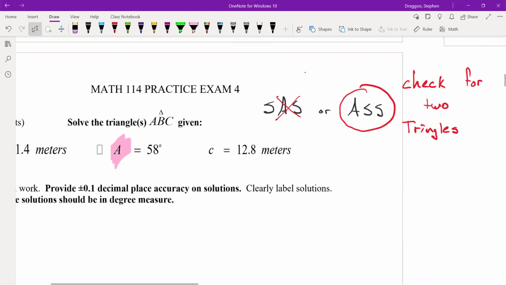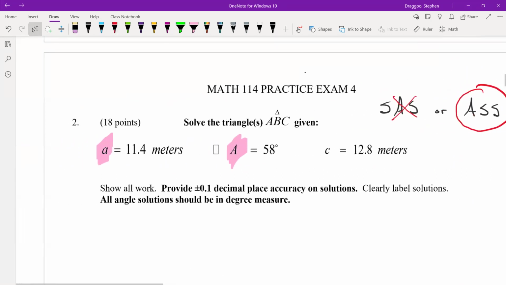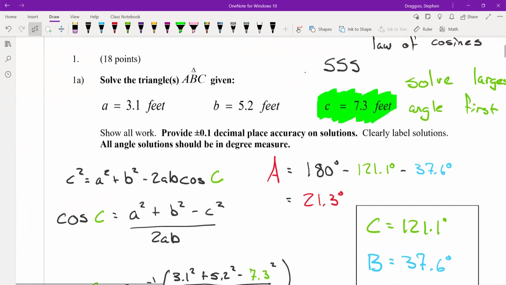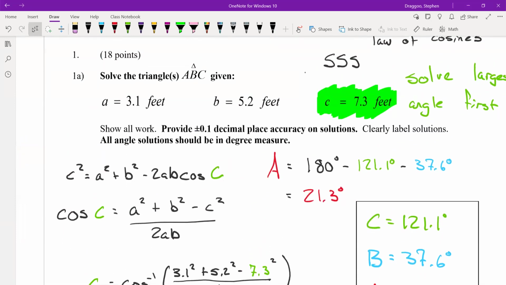Another easy way to know if you have to check for two triangles, if it's on an exam: if I scroll back up to this problem at the beginning, it says it's 18 points, but I'm also asking you to solve for the area, so that's an extra little bit. This is probably only a 12-point problem if I only say solve the triangle.